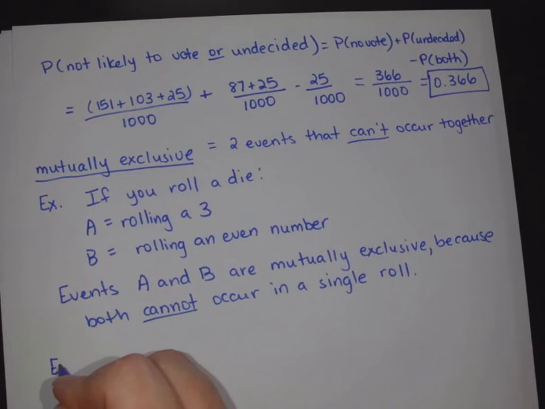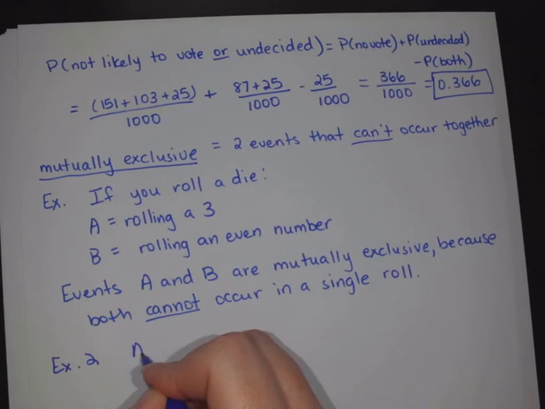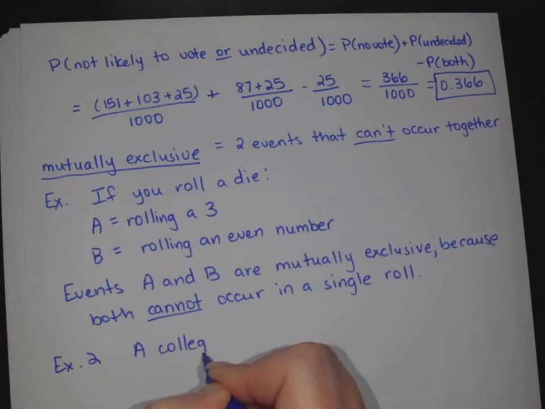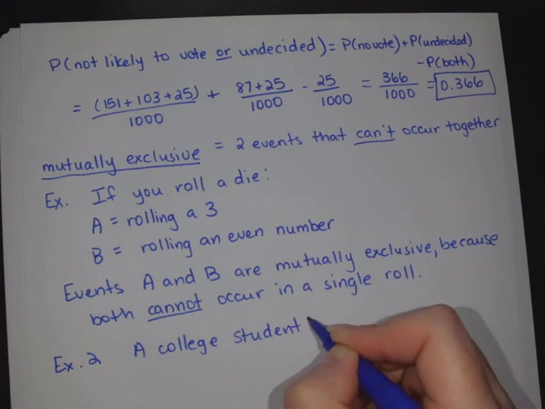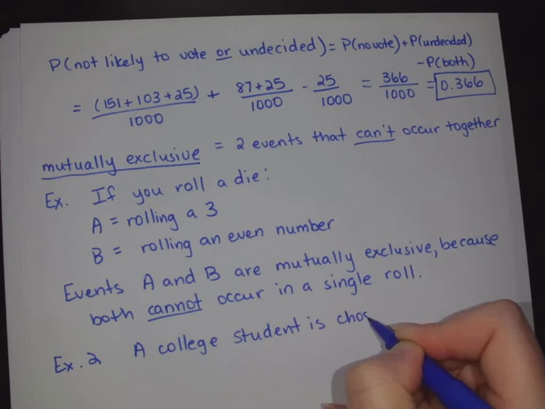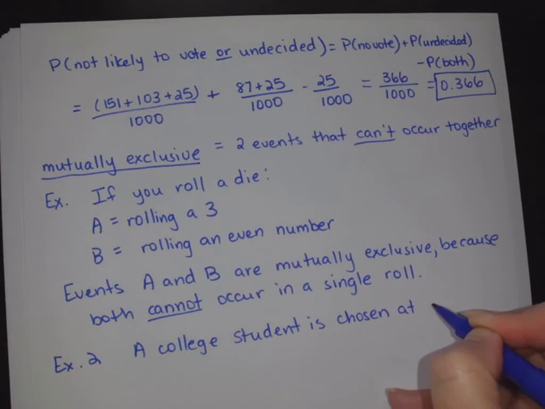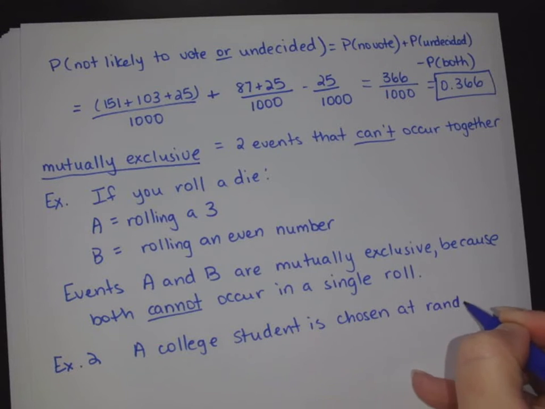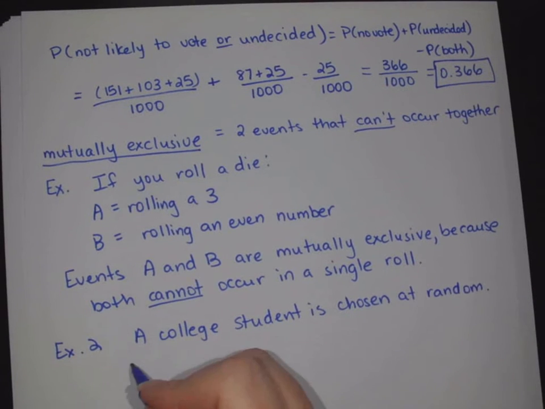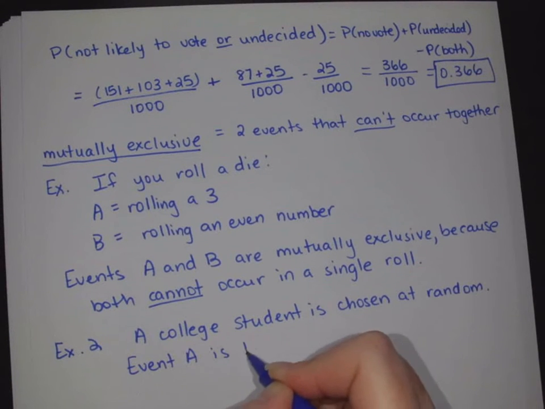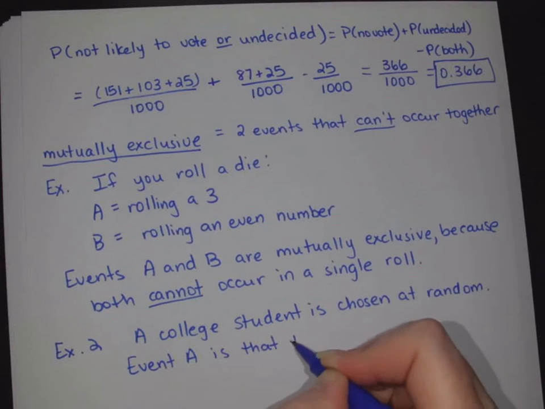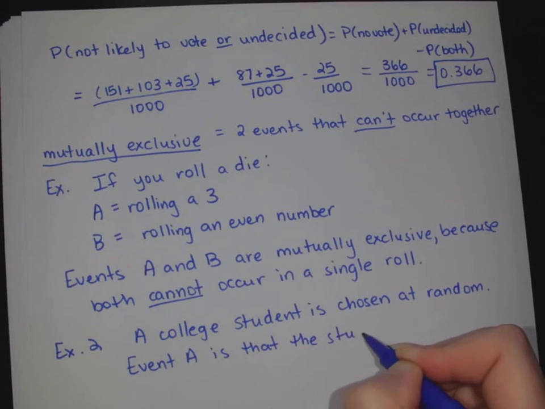Okay, so let's look at another usage of the term mutually exclusive. Let's say next year, one of your college classmates is chosen at random. Event A is that the student is older than 21.